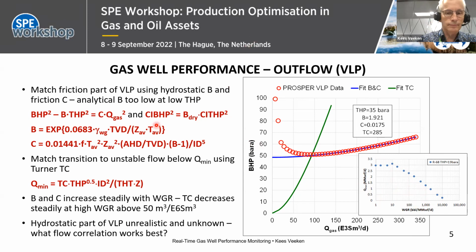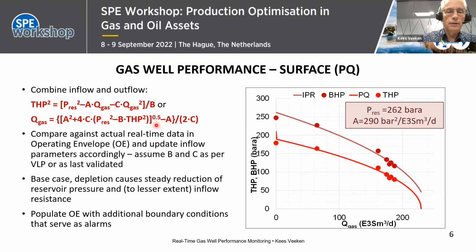Okay, so we did inflow, we did outflow, but we don't have bottom hole pressure. So what we usually see is surface well performance, the relationship between tubing head pressure and flow rate, and we refer to that as the PQ relationship. The benefit of having those simple inflow and outflow relationships is that you can derive that the surface well performance relationship becomes an analytical expression.